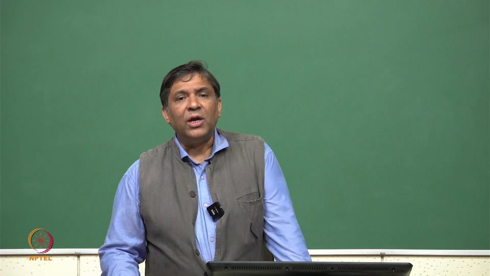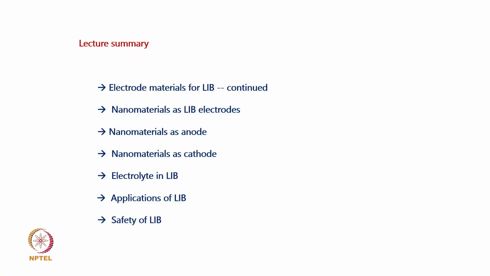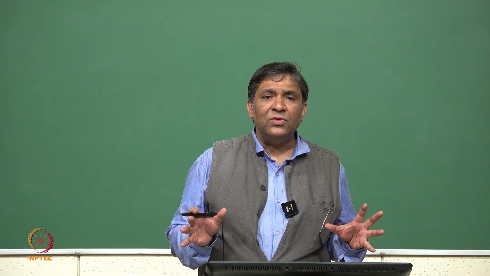So, let me just summarize what we have discussed today. I continued my discussion on electrode material for lithium ion battery. We have seen what the different bulk materials are which are appropriate for cathode and anode, and what the reasons are for using these materials.